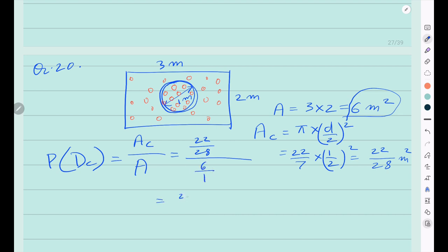Then it gives us 11 and then, multiplying 28 into 3, 84. So this is the probability that when a die is dropped at random, it will fall within this circle. So 11 by 84 is the answer.